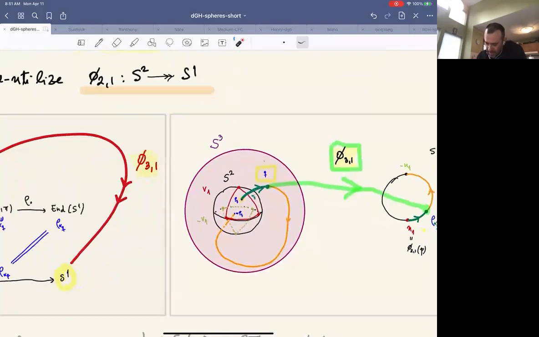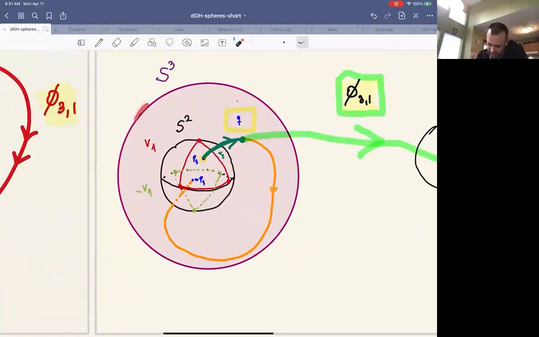How does the construction work? Well, imagine that this purple region here is S3. Pick a point Q on S3.